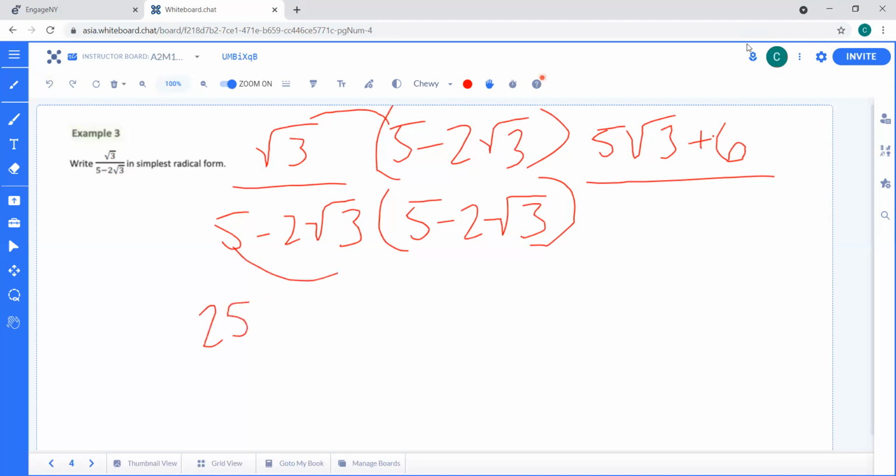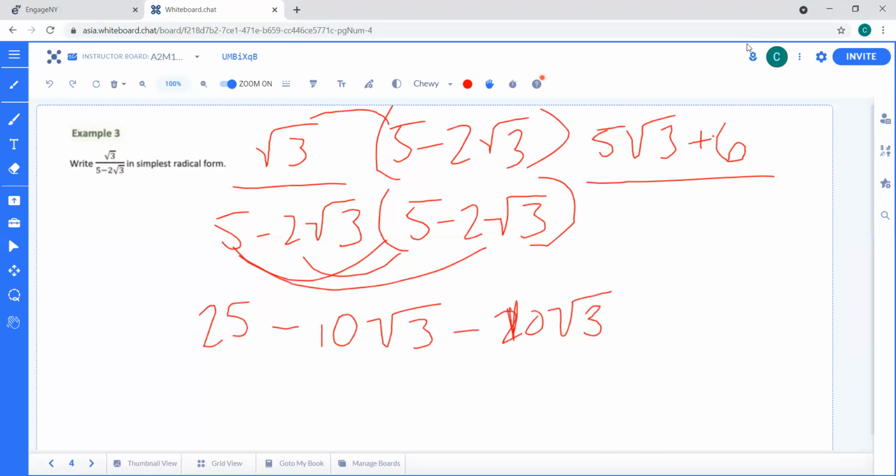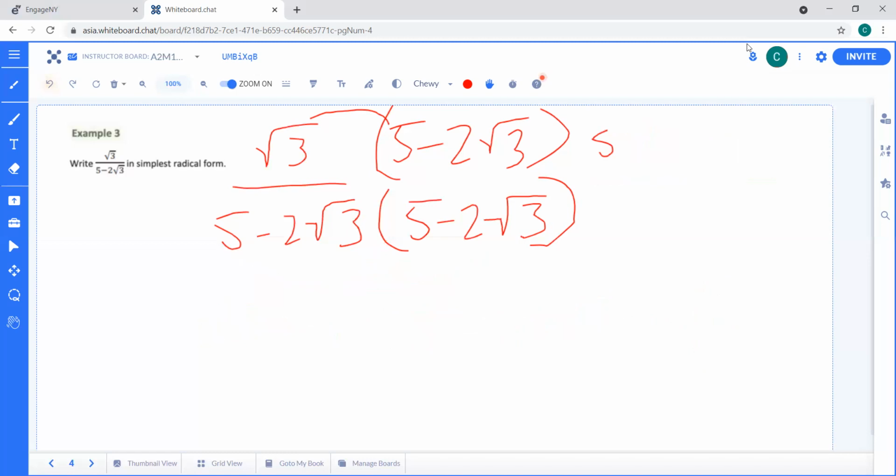That's another negative 10 square roots of 3. And then we're going to have a negative 2 times 3, which is going to be a negative 6. So I don't like that, because I'm still going to have that in the bottom. All right, let's go back. I don't like that. I should have done conjugates here. Let's do that. That's going to get rid of our radical.